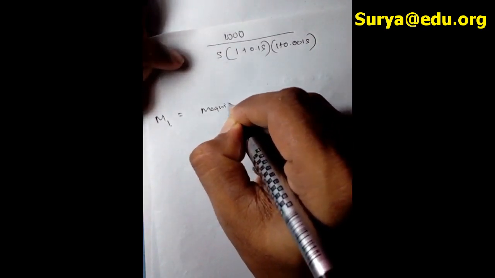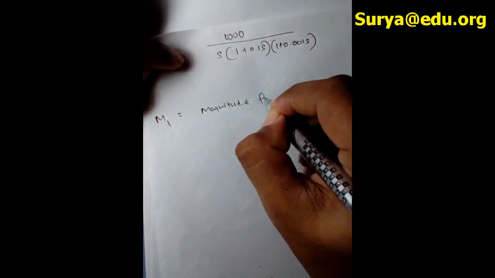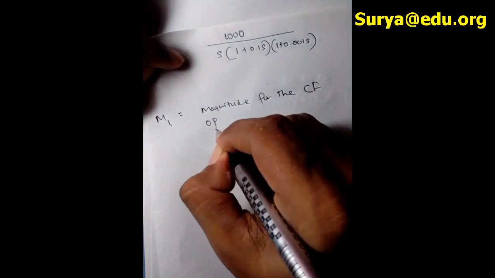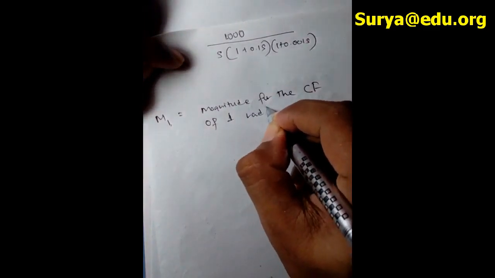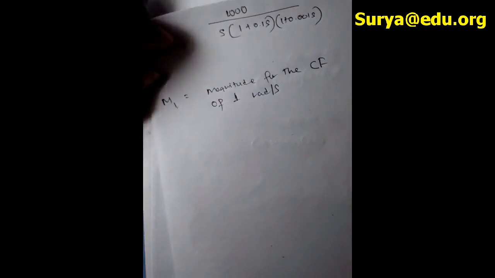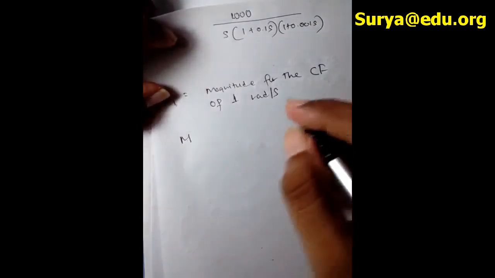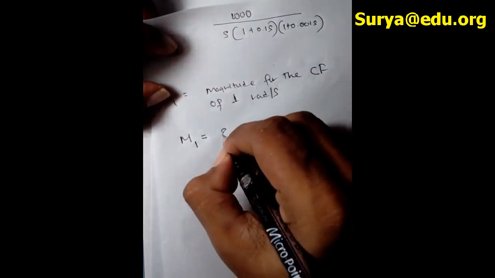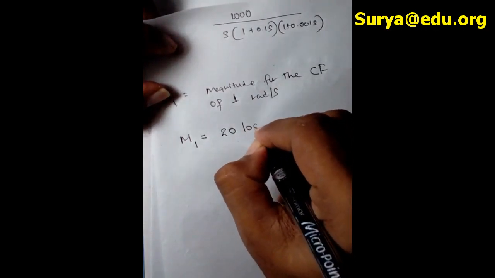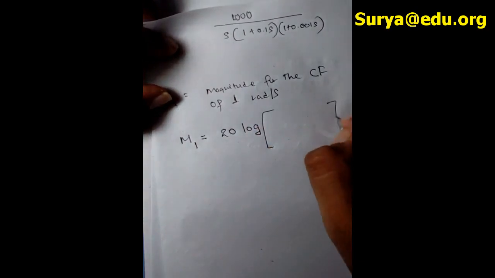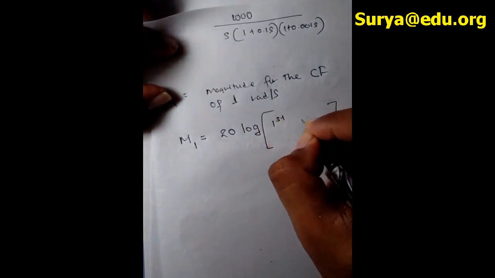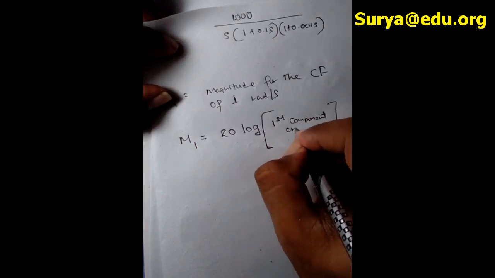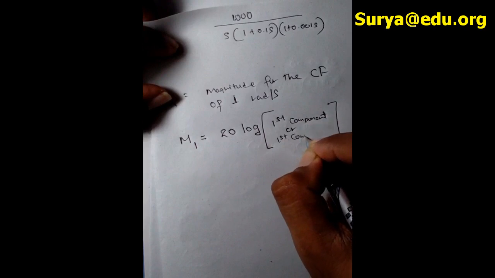Magnitude for the corner frequency of 1 radians per second. So how to find that? It's very easy, not hard. M1 equals 20 log first component, or you can say first compartment.